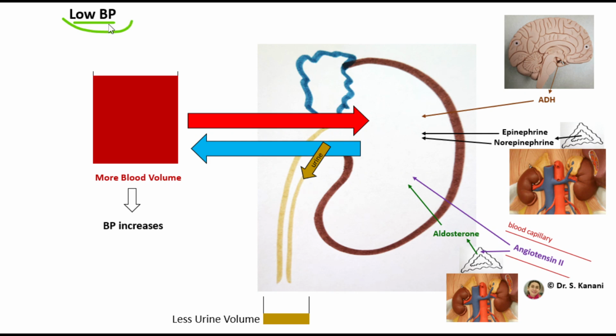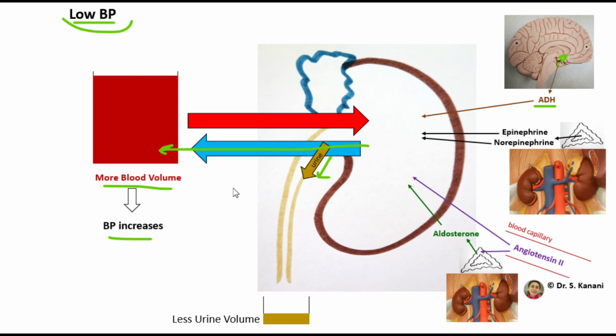So to fight a low blood pressure, we see that antidiuretic hormone is released into bloodstream. Recall, this hormone is produced in hypothalamus, but it is released into blood in posterior pituitary. And one of the impacts of antidiuretic hormone would be stimulating kidneys to produce less urine, instead send more water back into blood to increase the blood volume and increase the blood pressure.